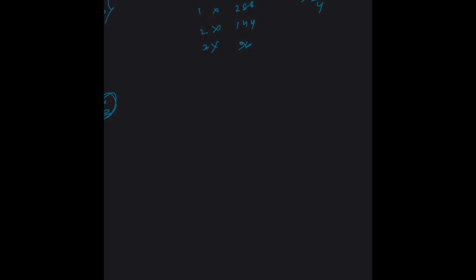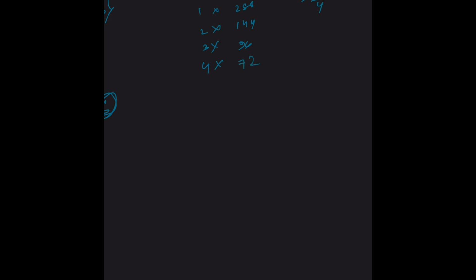So you can write that 4 times 72 is 288.